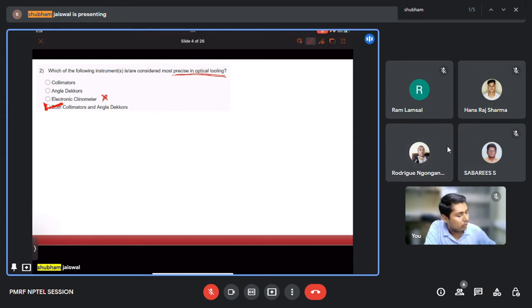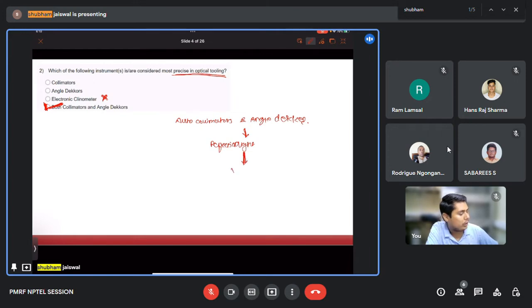So we can eliminate one option, that is the electronic clinometer. Now we have the collimators and angle takers. The collimators means our autocollimator, and autocollimator and angle taker work on the principle of reflection of light.